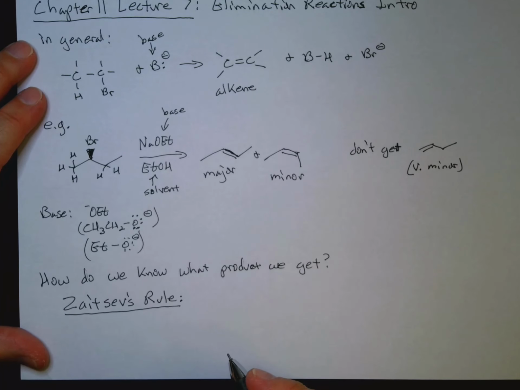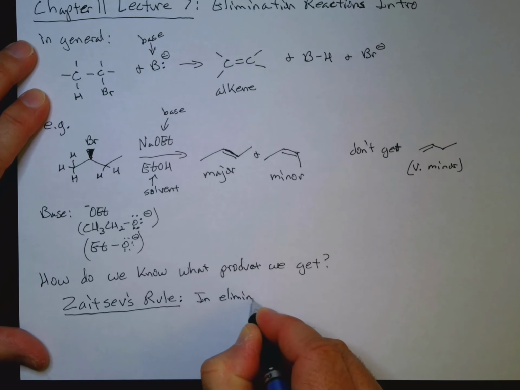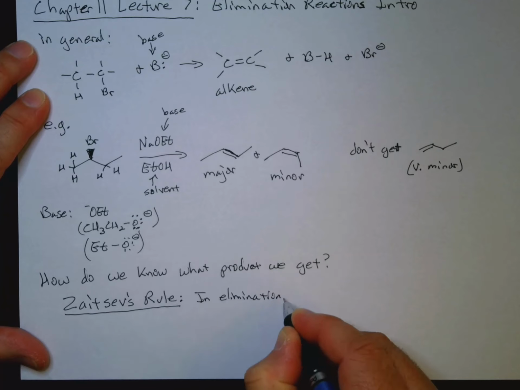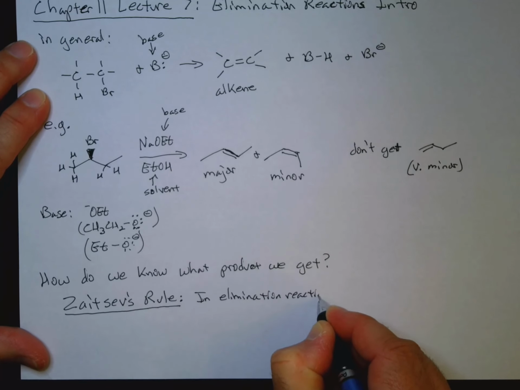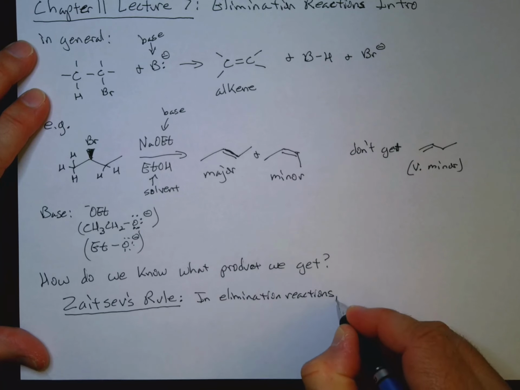But Zaitsev's rule states that in elimination reactions, the most stable alkene product forms.